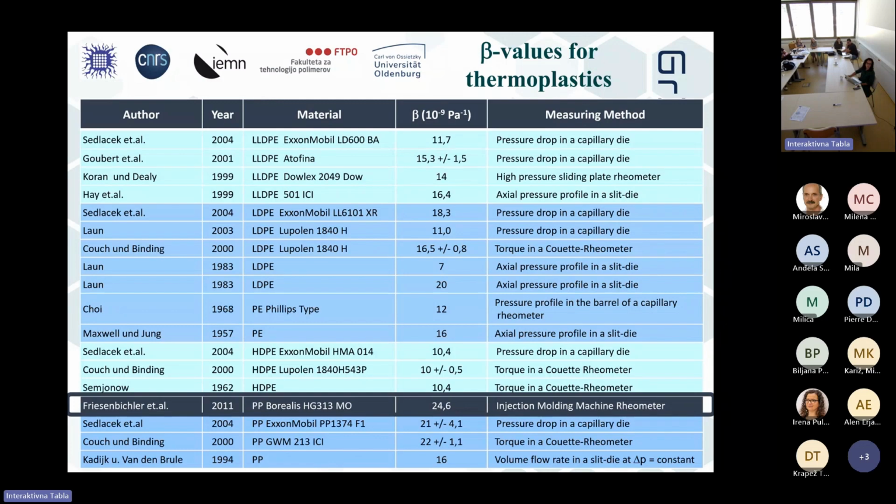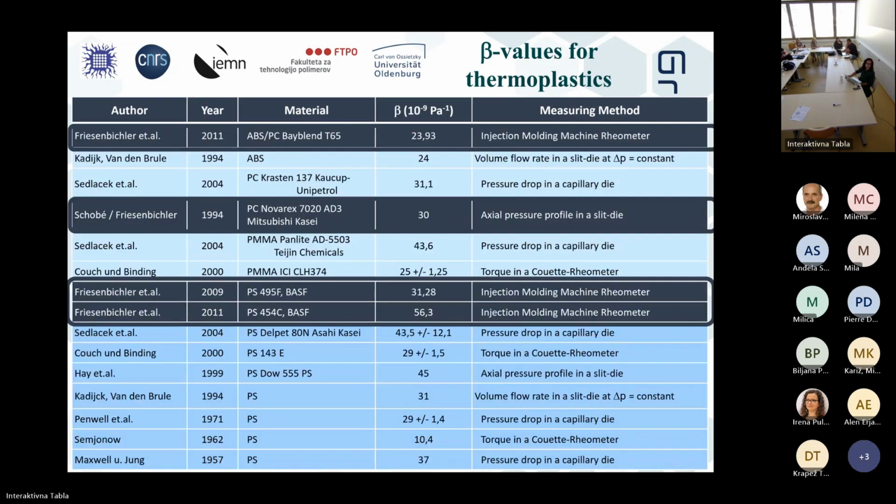And now I have put it together into this table for the polyolefins. And here for ABS, polycarbonate, PMMA, PS, you see, there are data available. You must pick it out from literature or take it from this. And then you can implement it into the software.